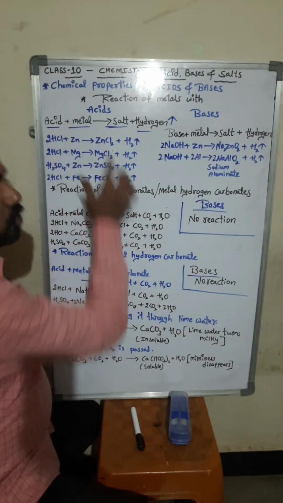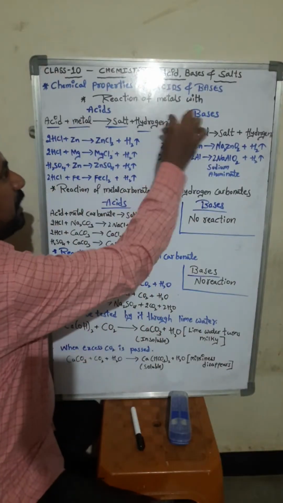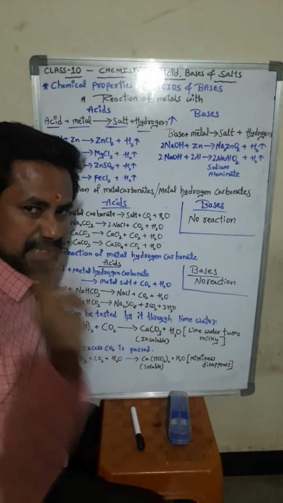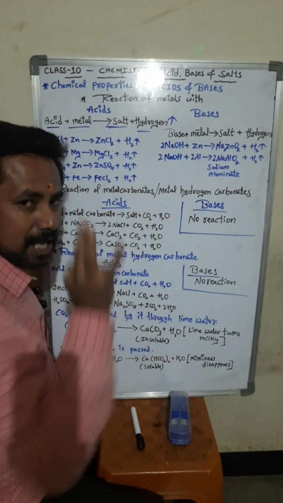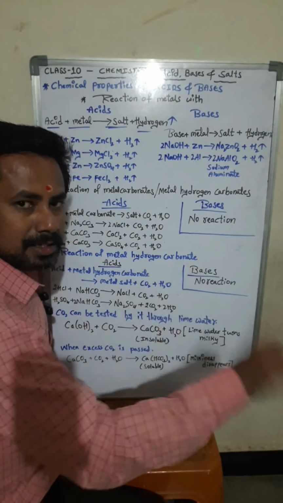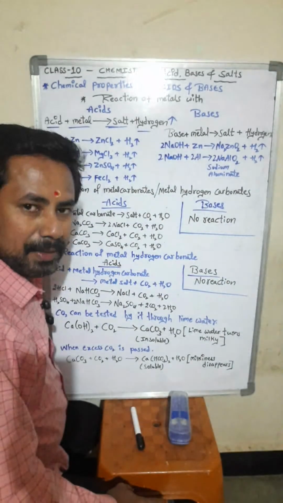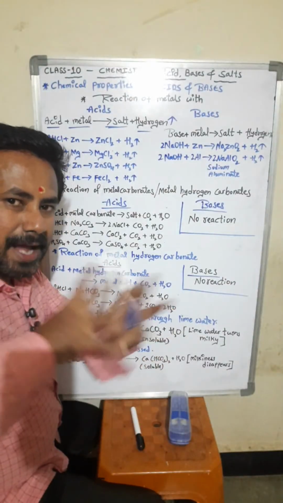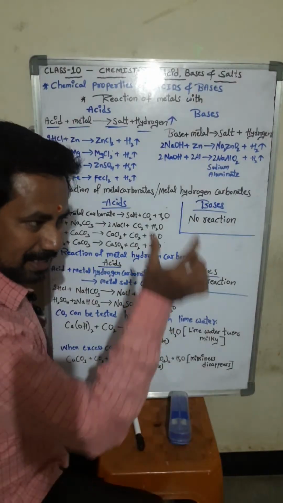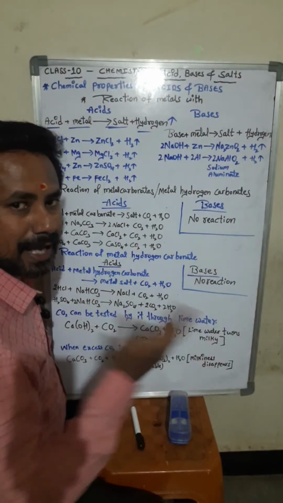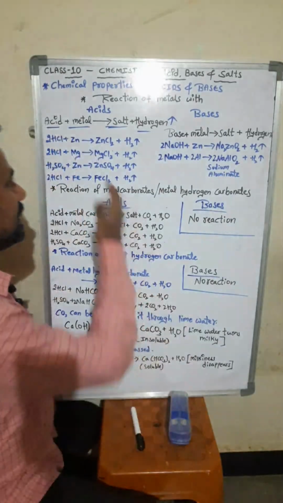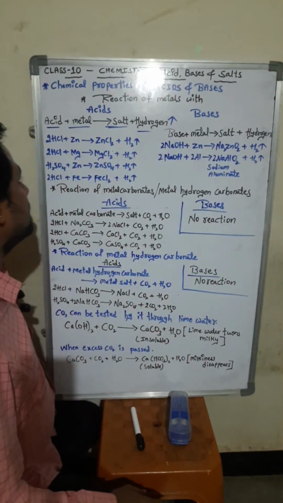You have to remember this, very important: acid plus metal gives salt plus hydrogen gas. Simple. When acid reacts with metal, that metal salt will form and hydrogen gas will also form, students. Is it clear? Let us see examples one by one.